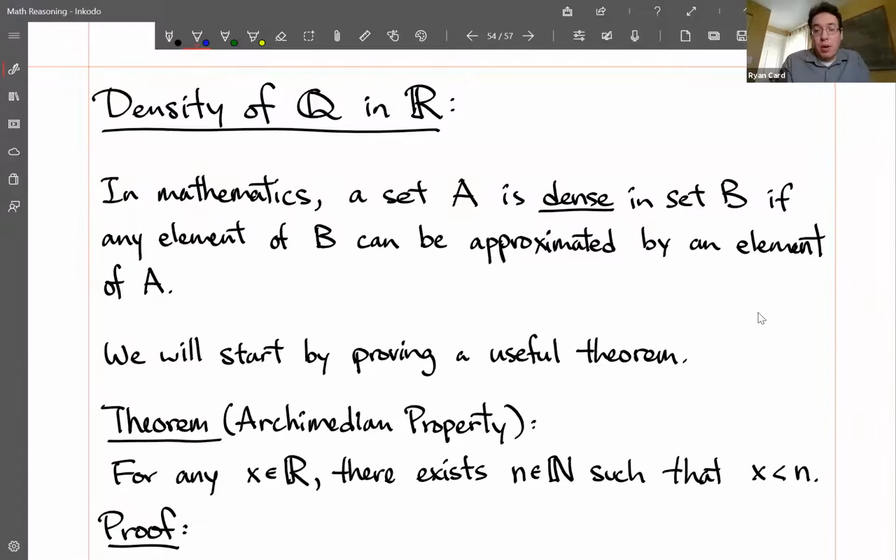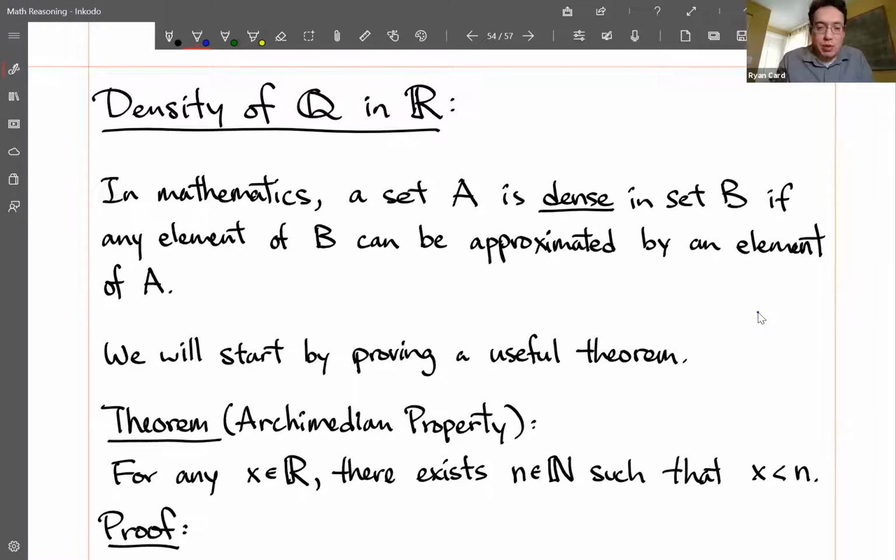All right, so I know density has a particular meaning in science, but in mathematics, when you say a set is dense in another set, so in this context, we're going to say rational numbers are dense in real numbers, and basically what it means is that if you have any element in the bigger set, in real numbers, then you could always approximate that element as close as you like using the smaller set.